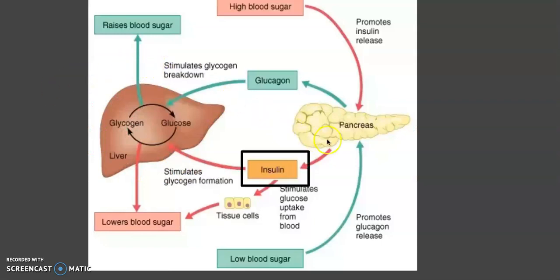So as we said, when we have high blood sugar, we're following this red pathway here, and the pancreas releases insulin, specifically the beta cells of the pancreas release insulin, and then insulin does 3 different things.